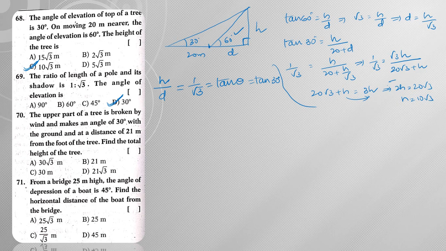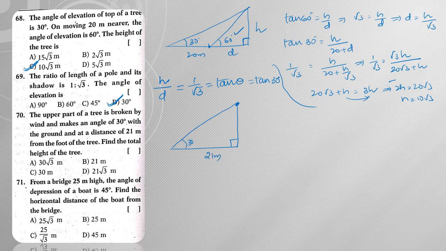The upper part of a tree is broken by wind and makes an angle 30 degrees with the ground and at a distance 21 meters. Now let this be the tree, and this is the point where the tree has broken and it is touching the foot, making an angle 30 degrees with the horizontal at a distance of 21 meters.